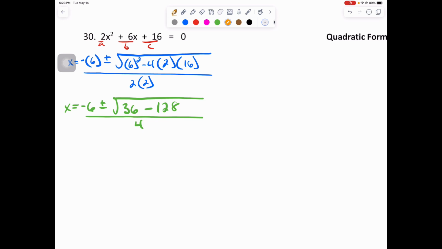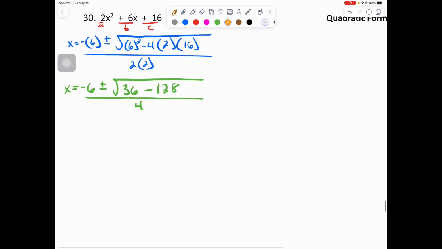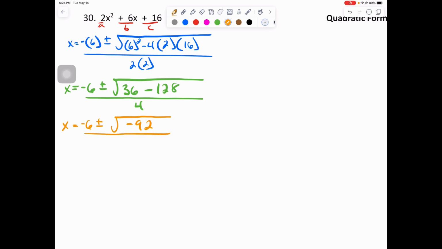All right, now in orange, we will do x equals negative 6 plus minus. We're actually just going to do the computation here of 36 minus 128, which is going to give us a negative 92. We will set that over the 4.